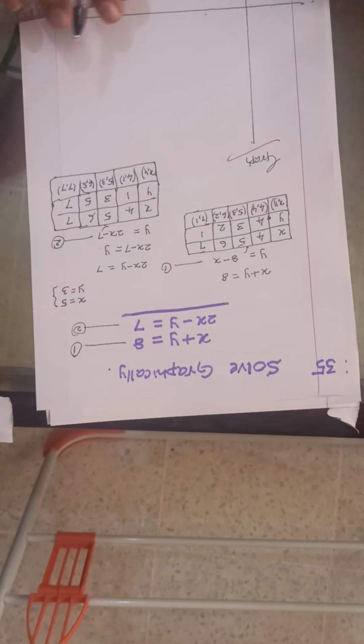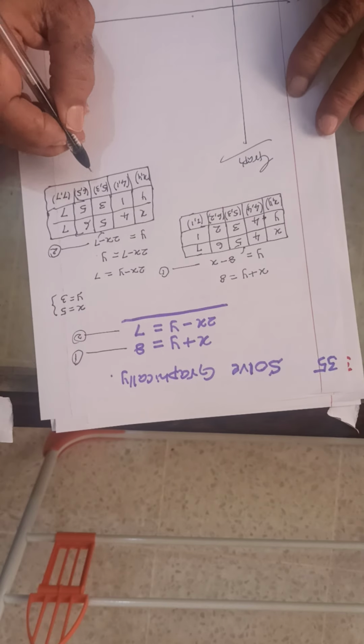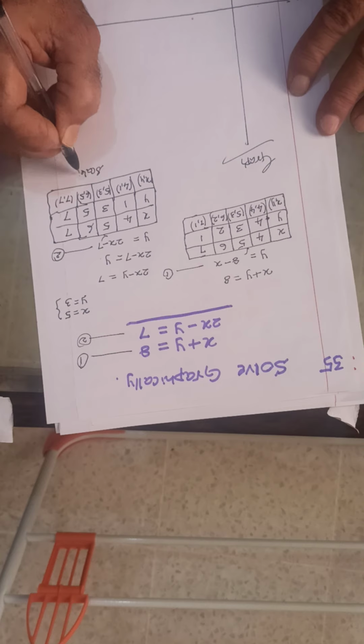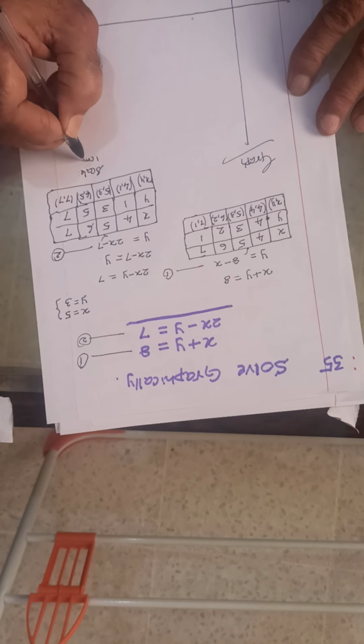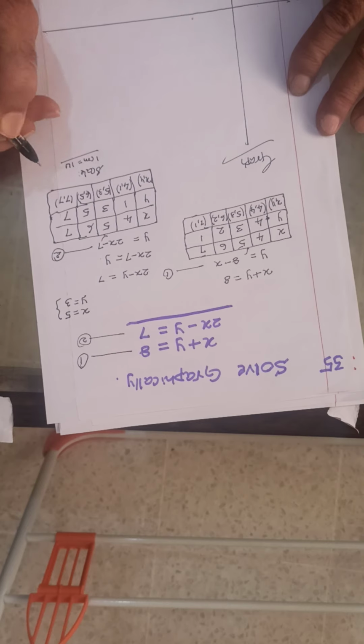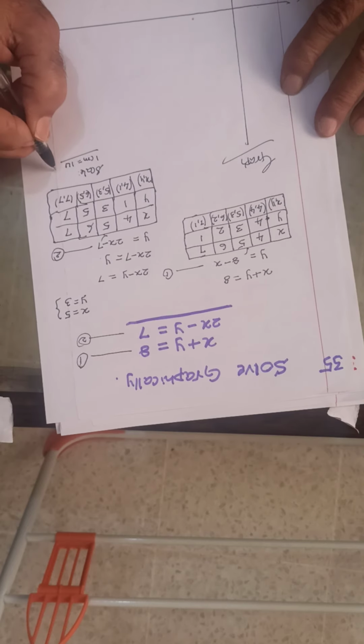Now look here. You have to select the scale. 1 centimeter is equal to 1 unit is a convenient scale. 1 centimeter is one unit in both axes, both the x and y axis.